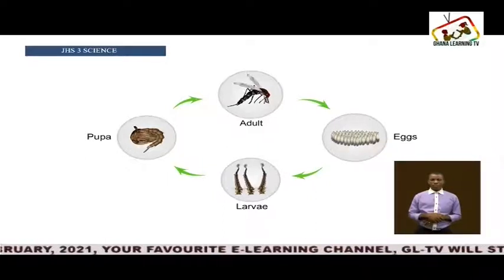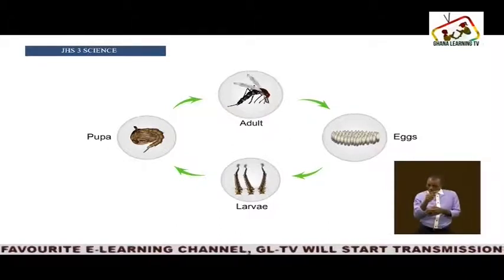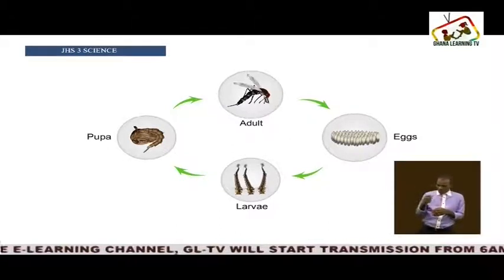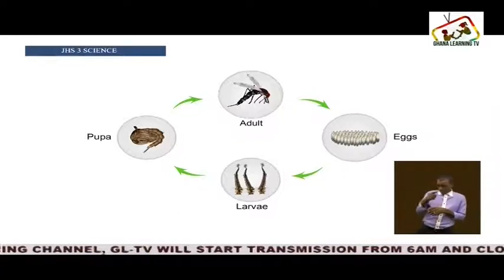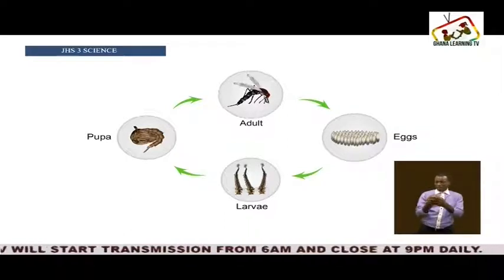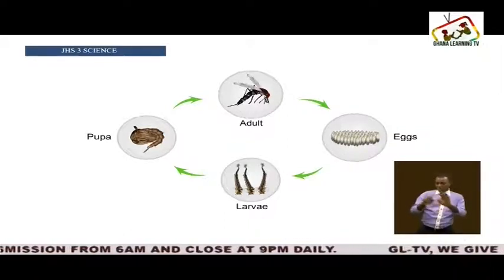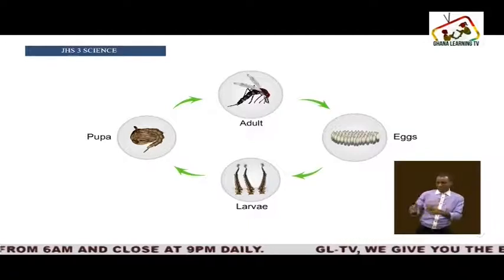Do you have the arrows showing the direction of development, the adult laying eggs, to the larvae, pupa, and finally to the adult mosquito?